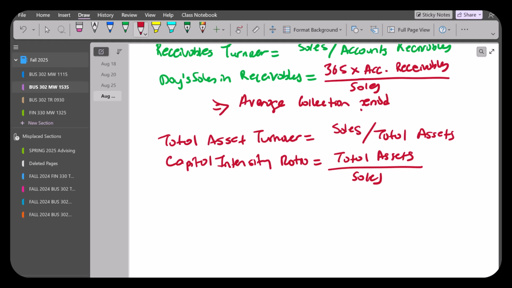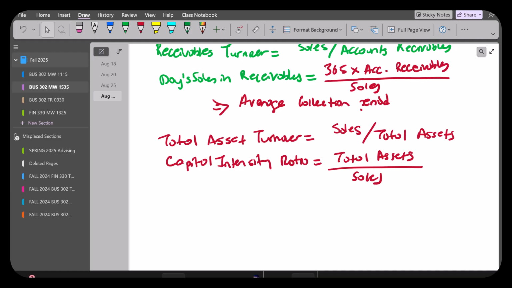I kind of prefer the capital intensity ratio because it's similar to days sales kind of numbers. So I'm going to calculate that for both companies.